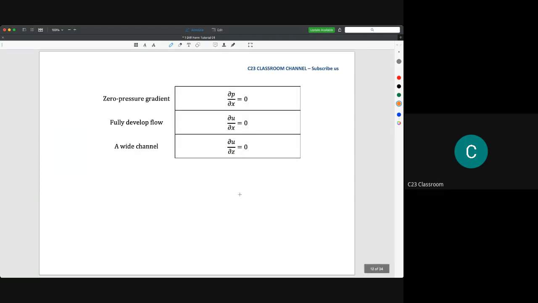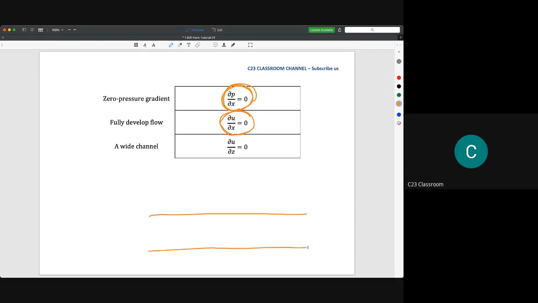So kemudian di dalam soalan dinyatakan zero pressure gradient. So zero pressure gradient membawa maksud dP dx sama dengan kosong. Okay, and then dia ada beri beberapa term, di antaranya ialah kita kata fully developed flow. So maknanya fully developed flow ini sebenarnya sama juga dengan steady flow. Kerana fully developed flow ni selalunya berkaitan dengan aliran di awal.